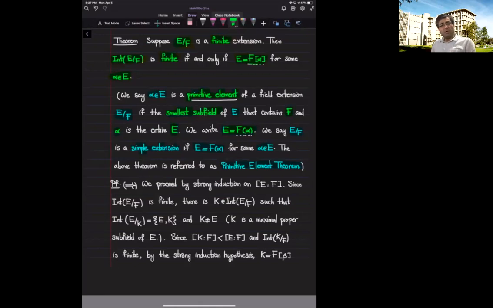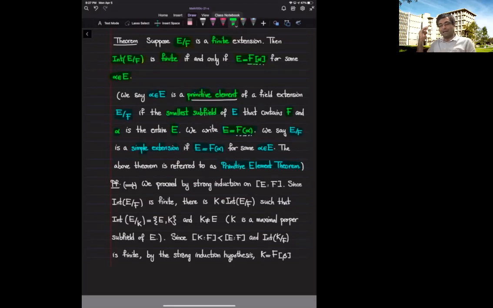So if alpha over F is algebraic, then we've seen that it's enough to evaluate polynomials over alpha and end up getting a field. Therefore, I do not need to put parentheses around alpha. But when alpha over F is not algebraic, F parentheses alpha can be viewed as the field of rational functions evaluated at the point alpha.